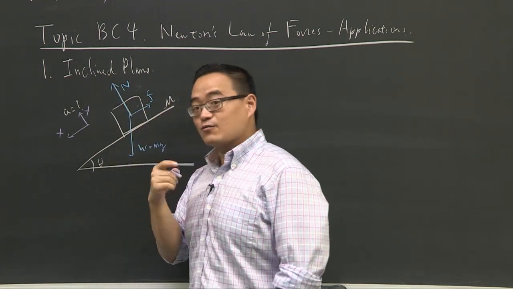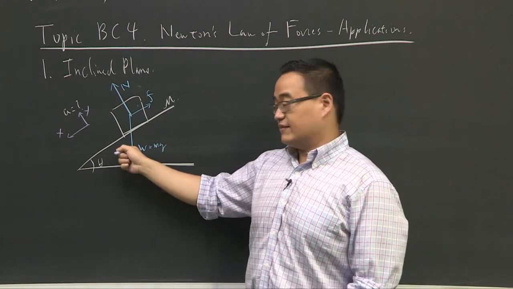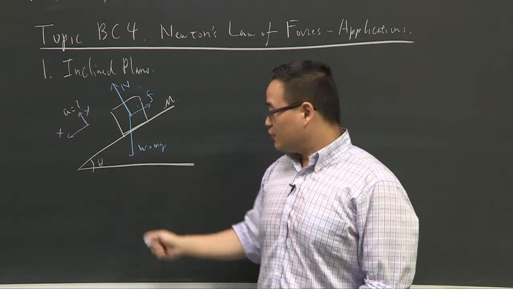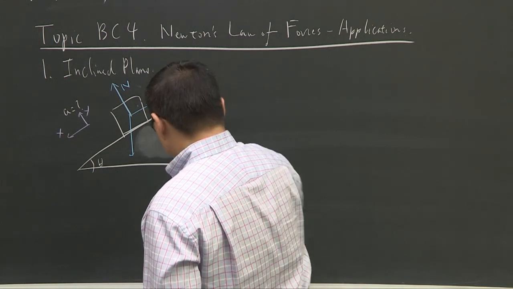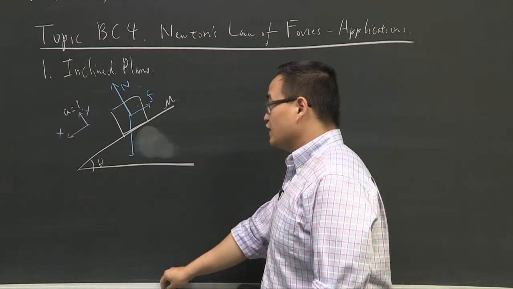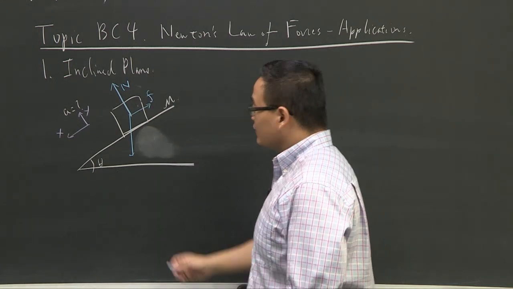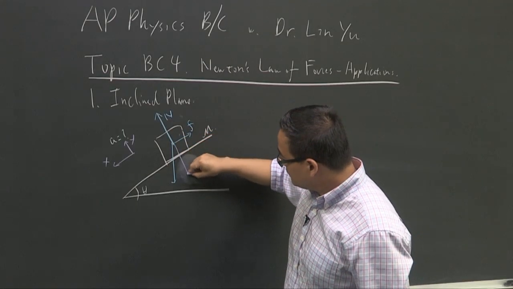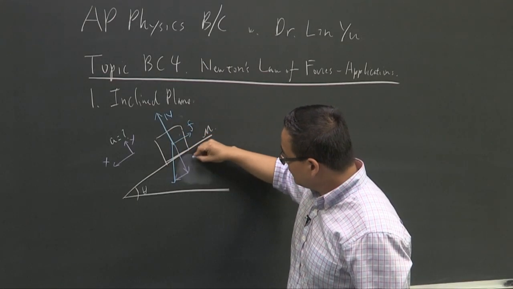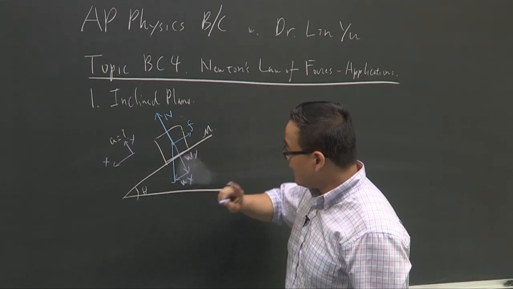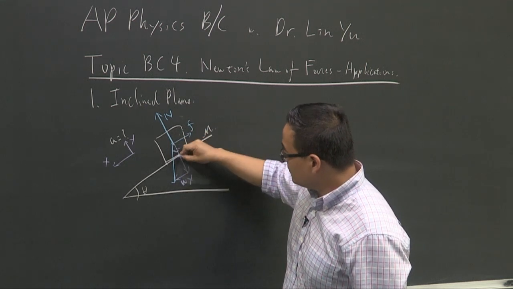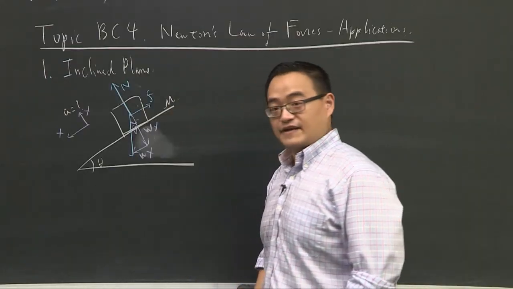The force that's not in line is your weight. I need to convert this weight force into the xy plane. I can decompose this into weight y and weight x, and this angle turns out to be theta.